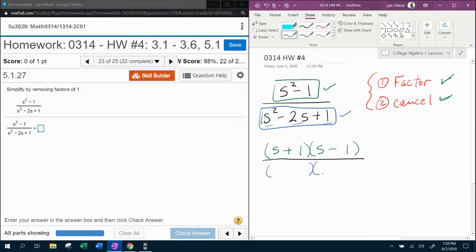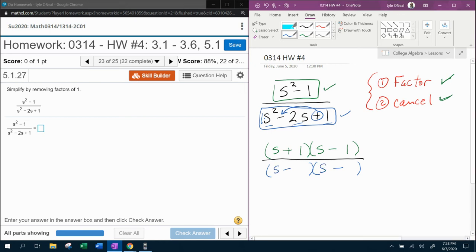First ingredient, parentheses. Second ingredient, read the signs. If there's a plus at the back, you have to look at the front, and that's what they both are. So these are both going to be minus. And then the third ingredient, fill in the blanks.